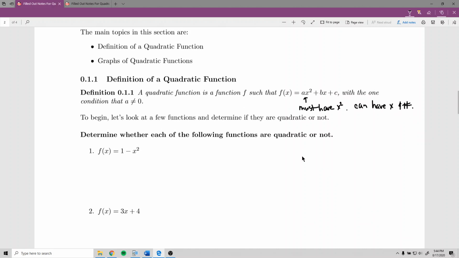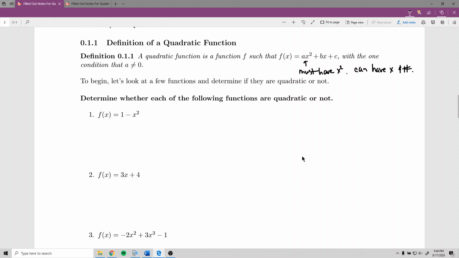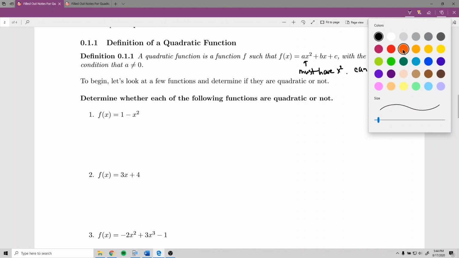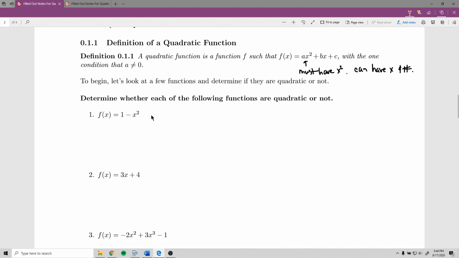So just take a look at a few examples to make sure we know what I'm referring to here. The first one, f of x equals 1 minus x squared. This one is a quadratic function. Why? Because we do have an x squared, and really that's the highest power of x.